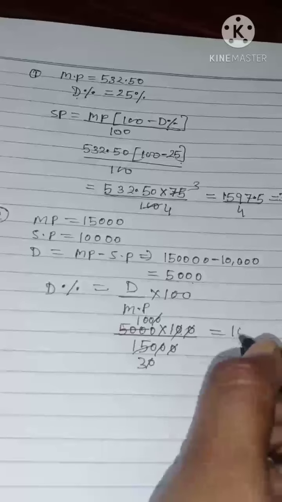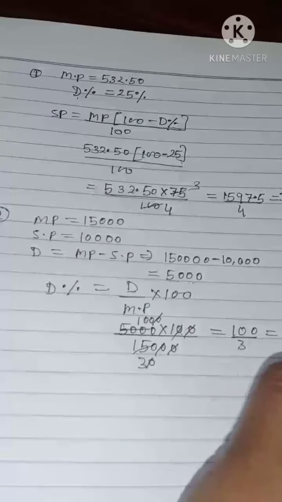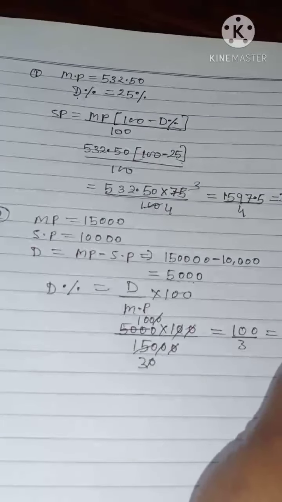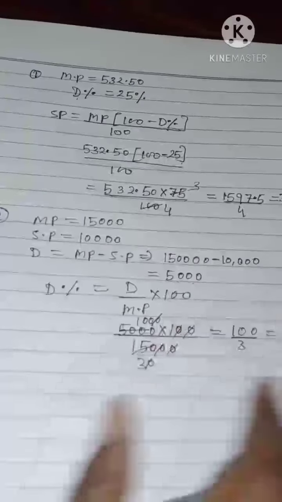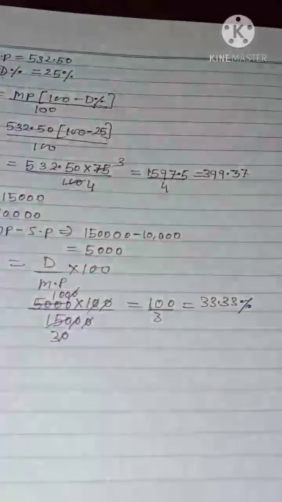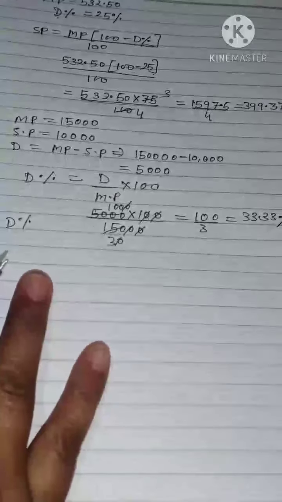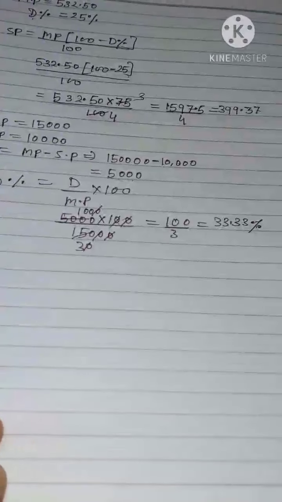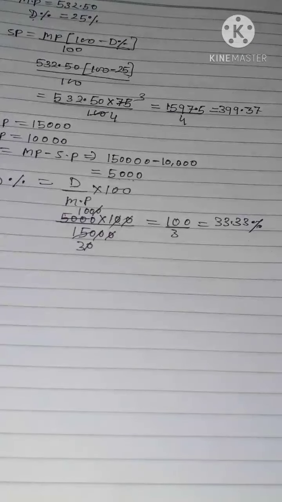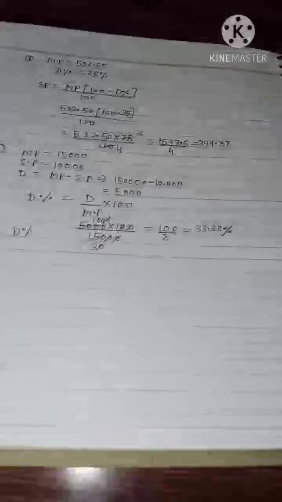So it will be 100 upon 3. It means you will get 33.33% discount on the sofa. So in this way you will get the answer of the question. You have to apply the discount percent formula in this manner.